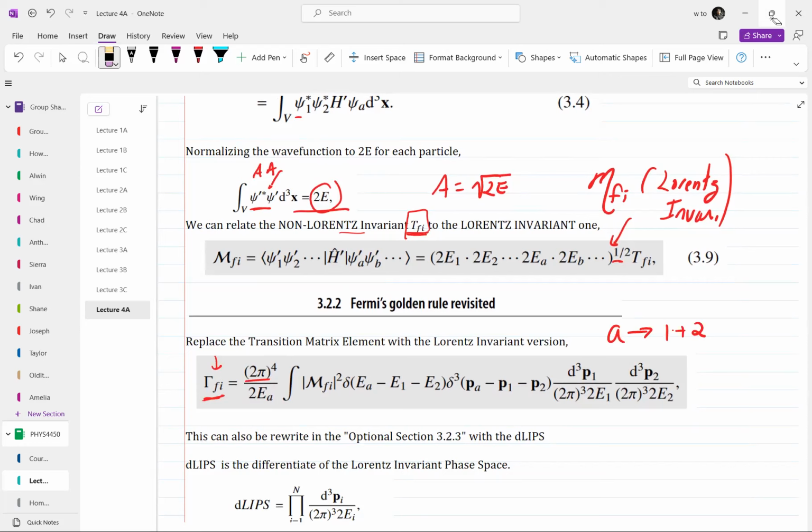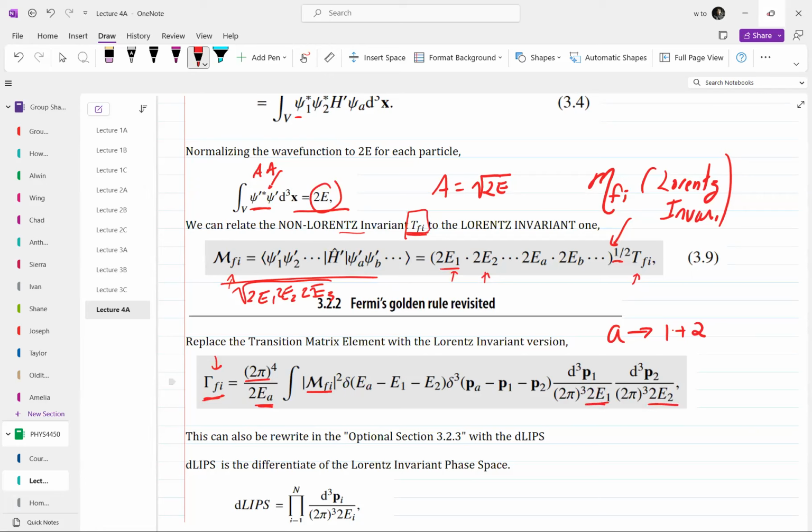Because of these factors of energy in front of our TFI, if we want to substitute in MFI instead, you get E1, E2, E3, these factors in the denominator instead. And that's where this EA comes from. It's from the denominator of changing TFI to MFI. And that change also brings with it the other energies.